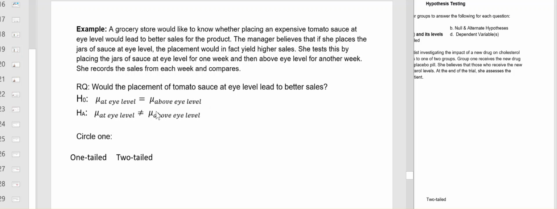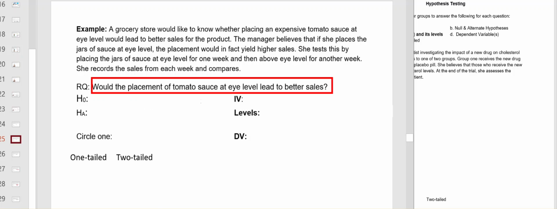So in this case, this is the null hypothesis. There is no difference between the groups. And then the alternative hypothesis expresses that there is a difference between groups. So that's what we are trying to affirm in our research question. And so either this is going to be true or this is going to be true.